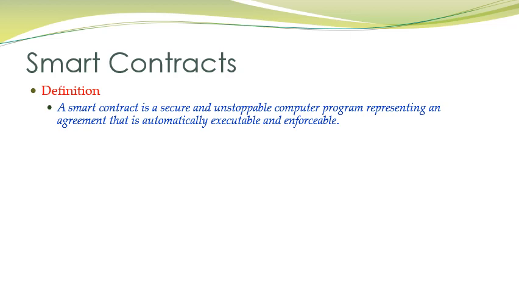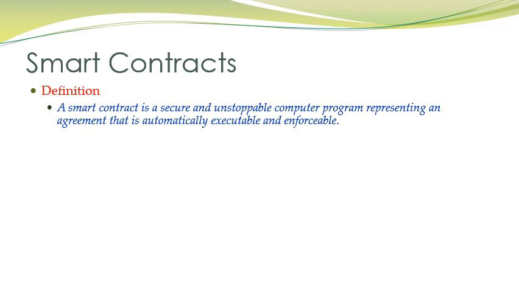It is automatically executable, and these contracts are enforced. It is the duty of this program to enforce the agreement, and if the agreements are met, then the transaction will happen in the Bitcoin network.